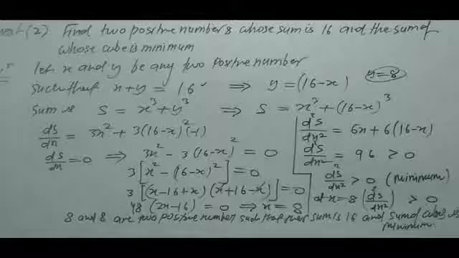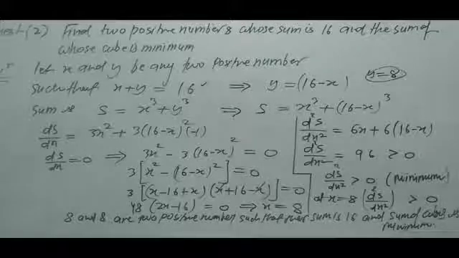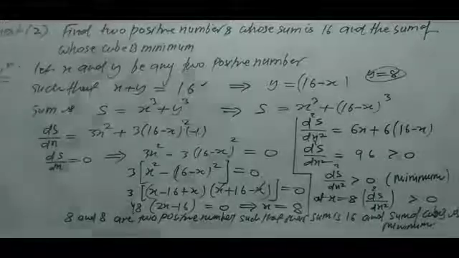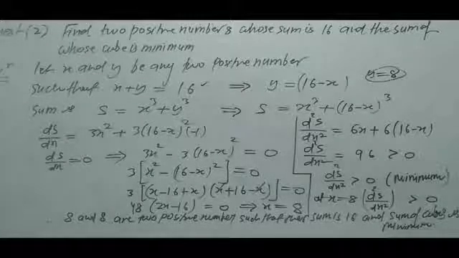In this question we have to show two positive numbers whose sum is 16 and the sum of cubes is minimum. In case of minimum, you will see x is equal to 8 and y is equal to 8. After solving, you get the result. Now this question is totally completed.